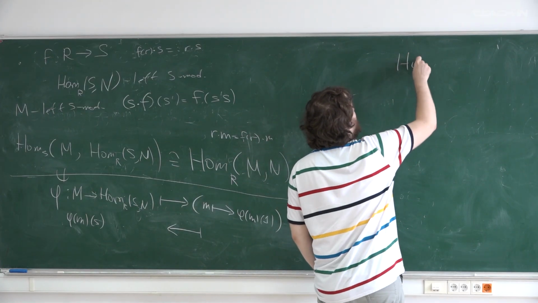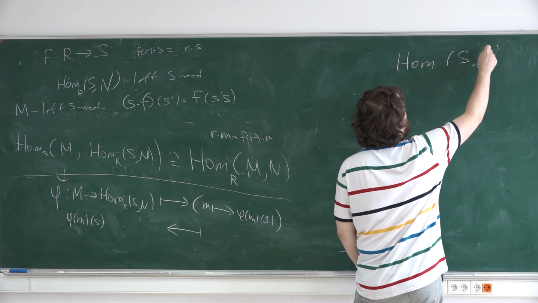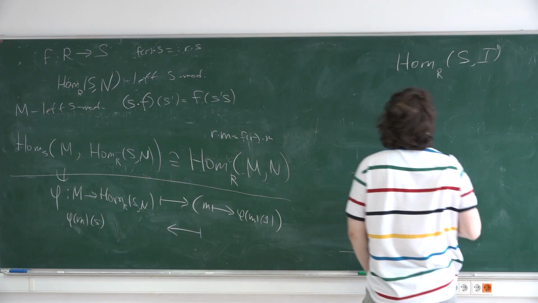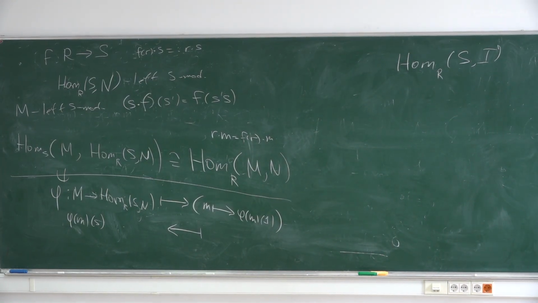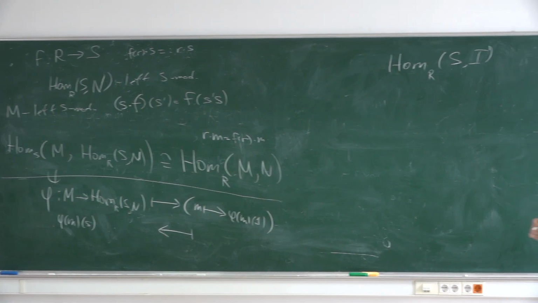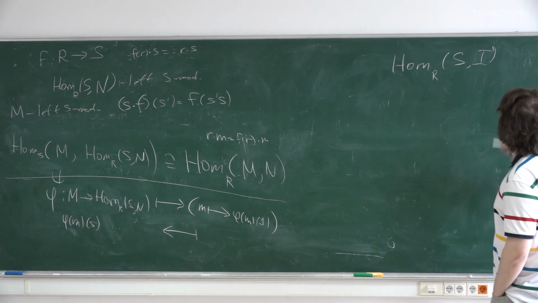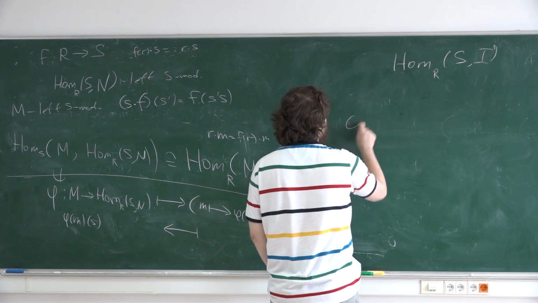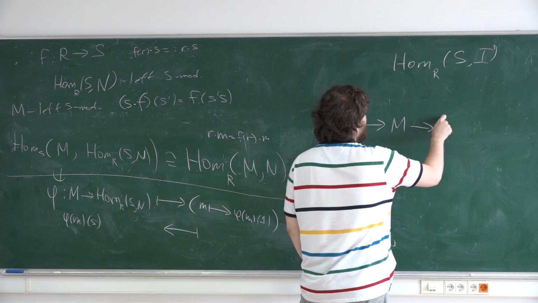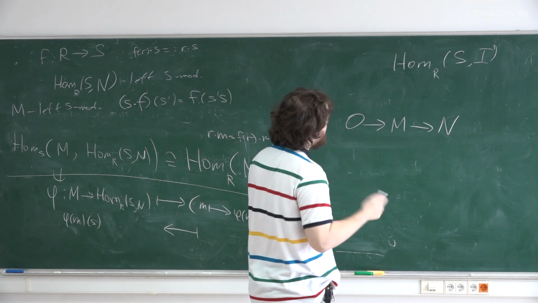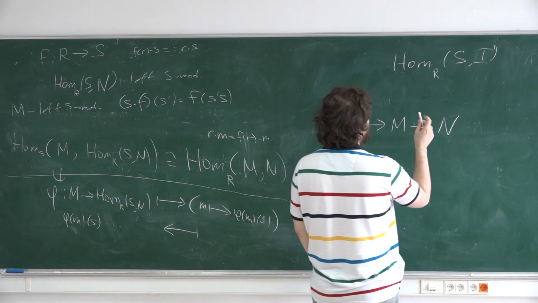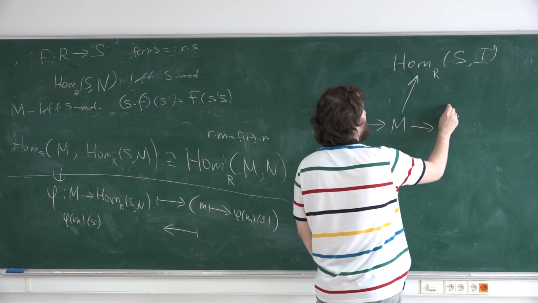Now, I consider Hom from S to I over R. I need to check that if I is R-injective, then this thing is S-injective. Okay, I consider some injection of S modules. I need to obtain this extension.